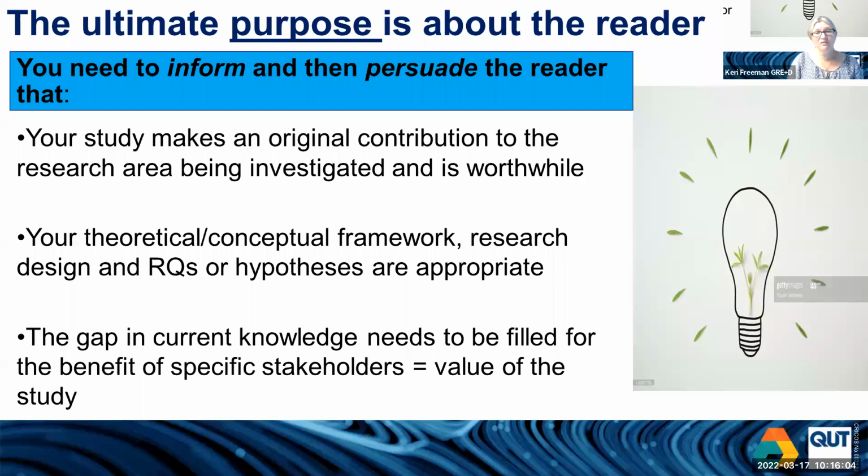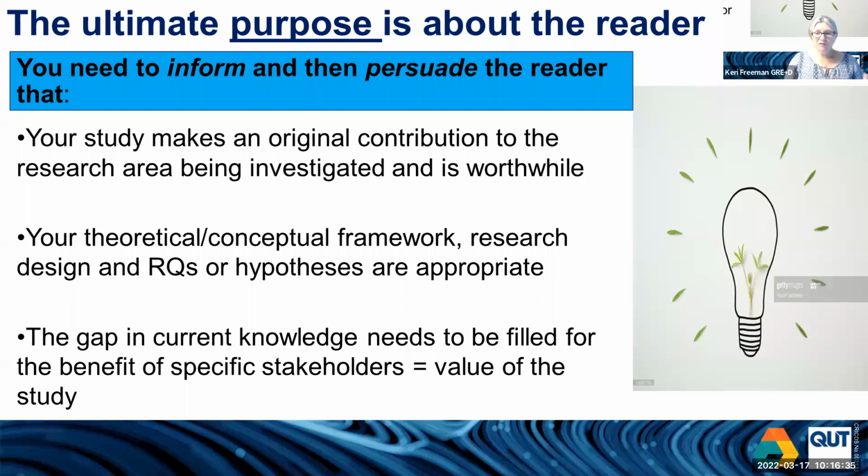You've got to inform and persuade that you're going to make that original contribution, that your research is worthwhile. You need to inform and persuade regarding the theory or conceptual framework that you're using and your research questions. You're using the literature to justify all of these things, and of course the gap in current knowledge, which again is explaining the value of your study.